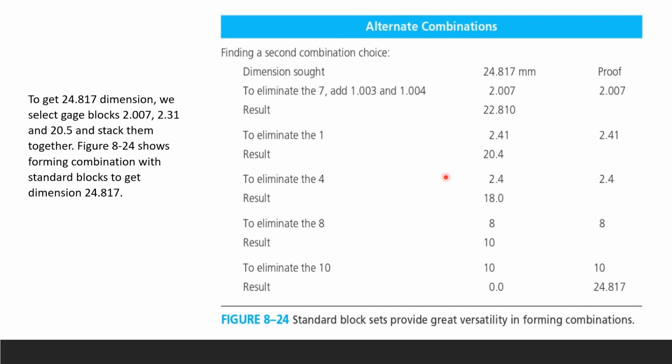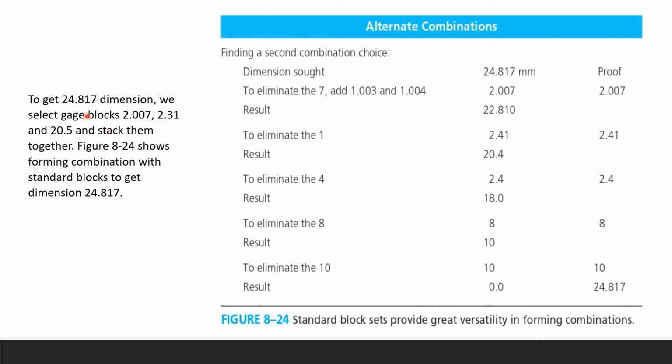This is just telling you the same thing, alternate combination. Here again, we're doing 24.817. Your proof, no matter how many blocks you use, is that you have to combine all the way to 24.817 to satisfy that measurement. Standard block sets provide great versatility in forming the combination.